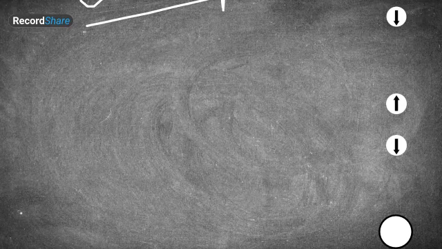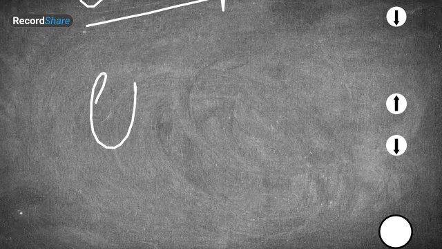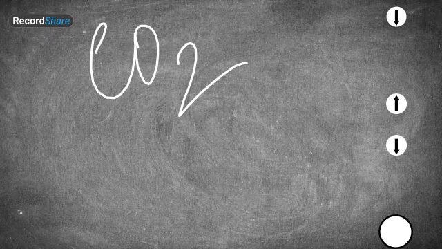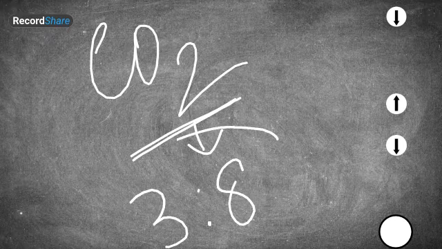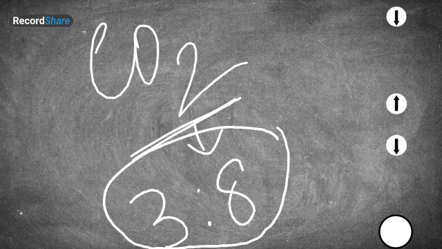For example, we are having CO2. In CO2, we are having carbon and oxygen in the ratio 3:8 by weight. How 3:8?